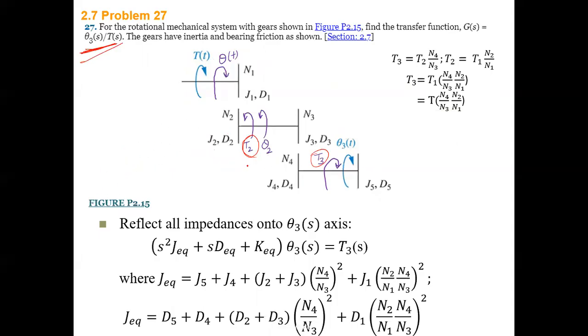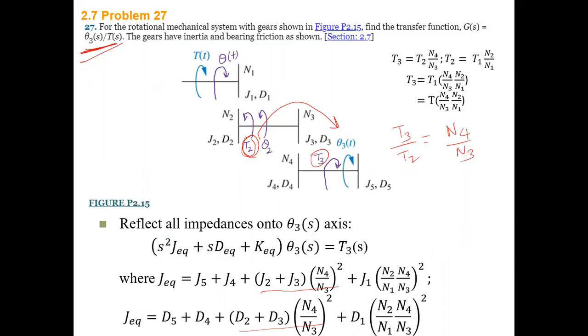So we have this guy already, right? We have this guy and this guy. Now T2 to T3, when you reflect this from T2 to T3, what do you get? You have the relation T3 over T2 equals N4 over N3.